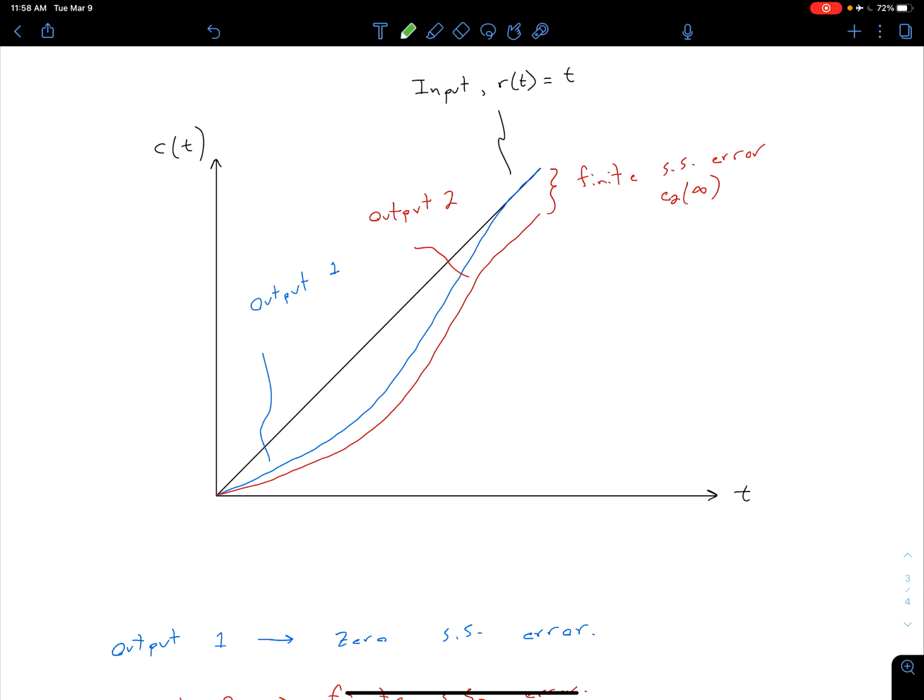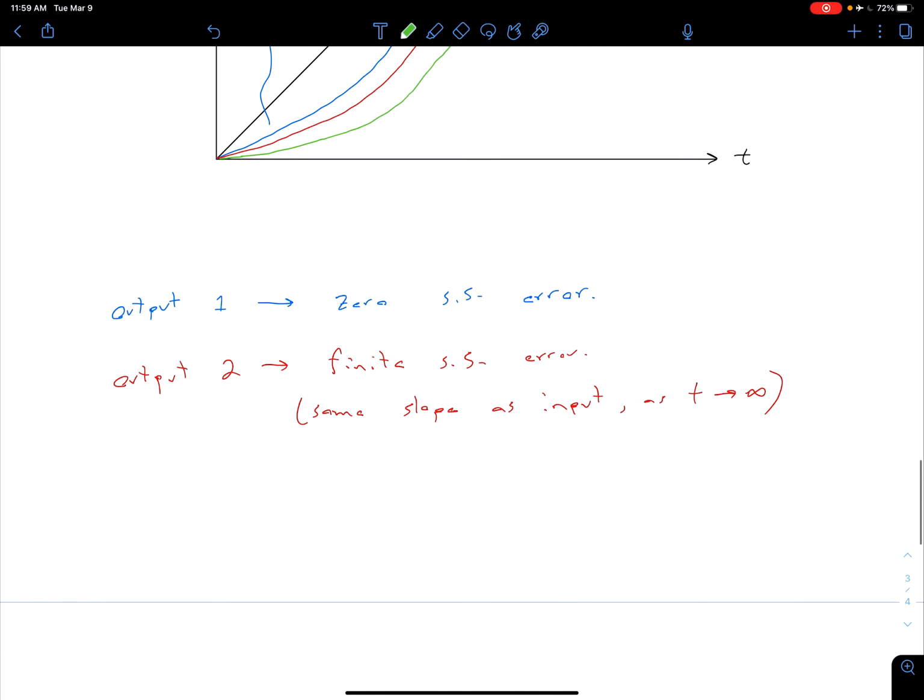And so in this case, we have that same deviation and the slope starts coming back, but it never actually gets to where it's even parallel, but now we have a different slope. And so let's call this our output 3. In this case, you can imagine if they have different slopes, what's going to end up happening is that they're going to continue diverging. They're going to continue moving away from one another, our black and our green curve, such that ultimately we're going to have an infinite steady state error as t goes to infinity.